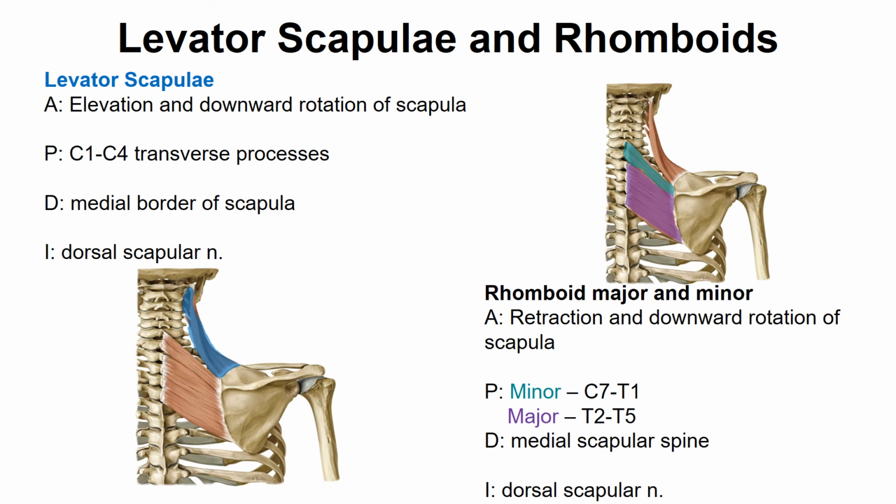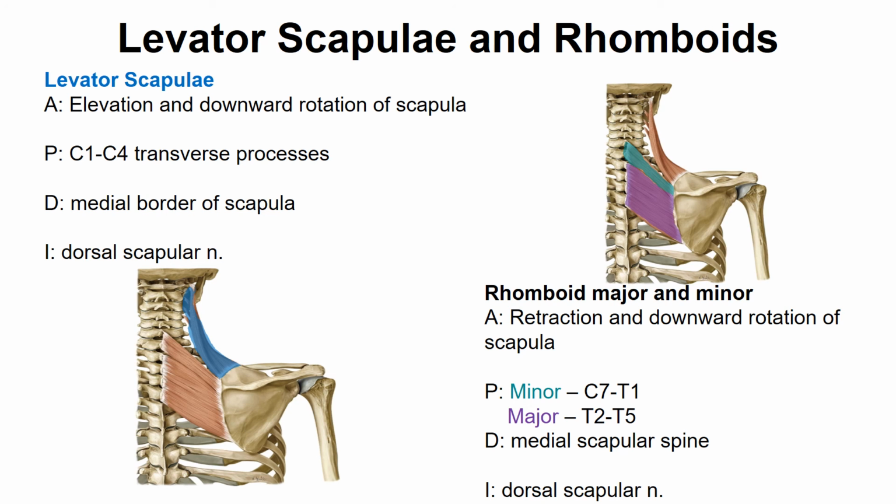These are going from the medial border to the spinous processes, while the minor is going to C7 through T1, and the major is going inferior to that to the T2 through T5 spinous processes. And this is mostly to do with retraction and also downward rotation. And it's also innervated by the dorsal scapular nerve.